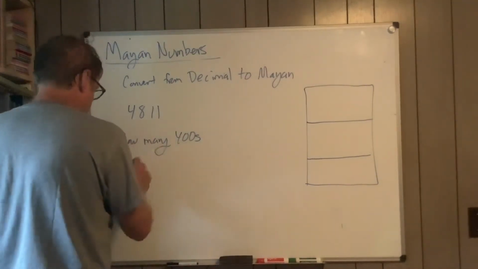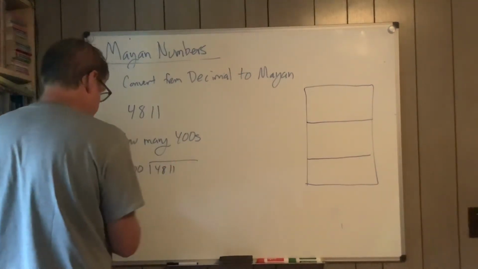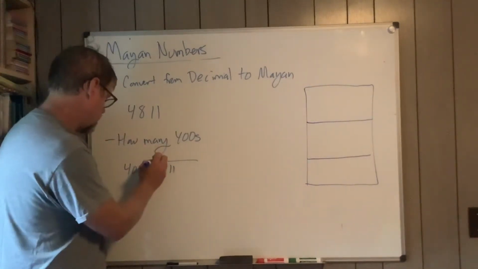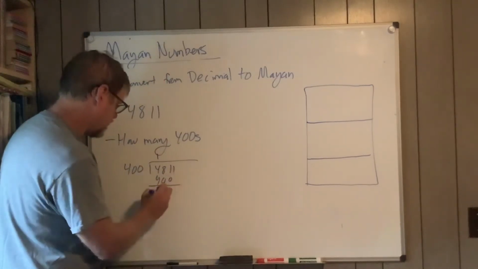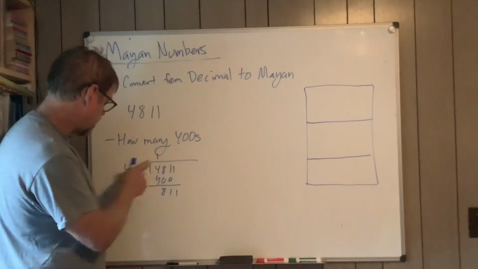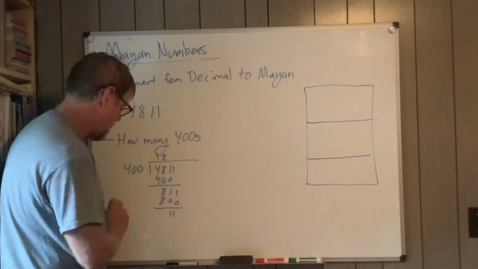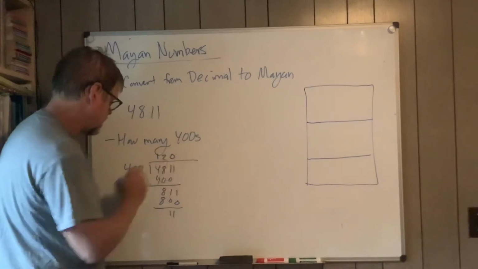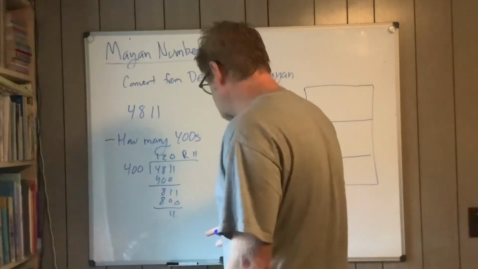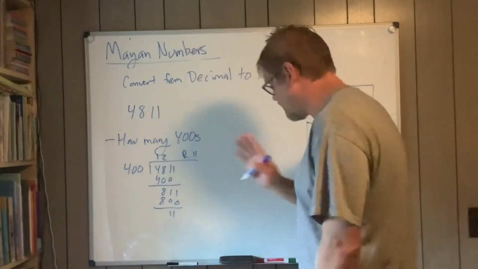If this isn't too clear, I can do the quick long division here. 4811 divided by 400 is 12 remainder 11.